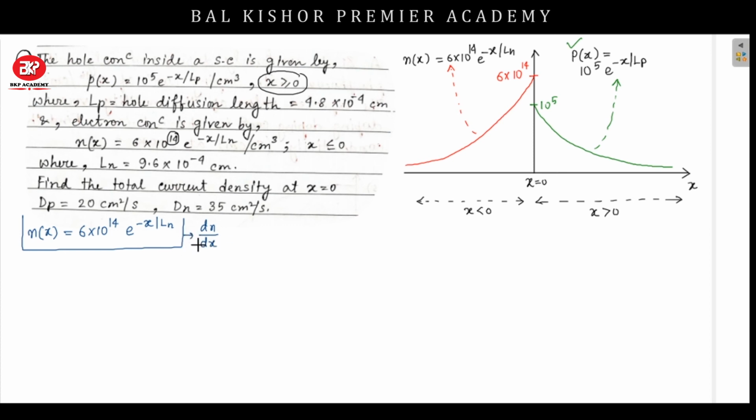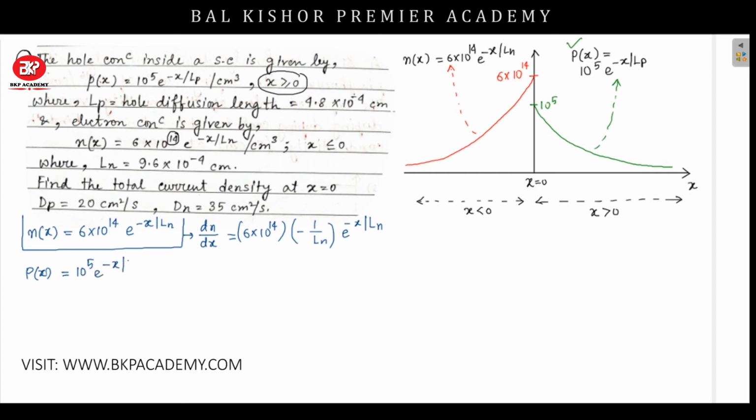From this equation, we can find the value of dn by dx. The value of dn by dx will be 6 into 10 to the power 14, times minus 1 by Ln, times e to the power x by Ln. Similarly, the p of x value is 10 to the power 5 e to the power minus x by Lp.